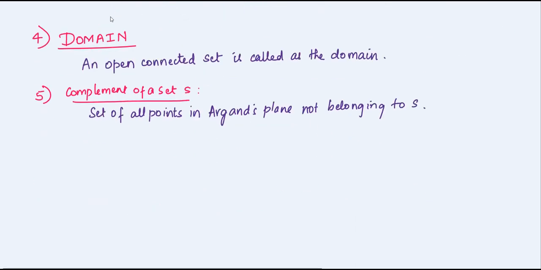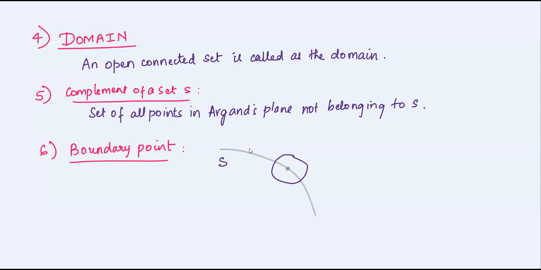Then a few other definitions. Boundary point. What is a boundary point? A point whose neighborhood contains both points belonging to set S and its complement. Just now we discussed this is a boundary point.